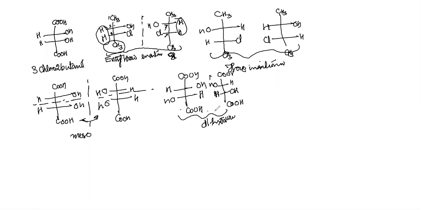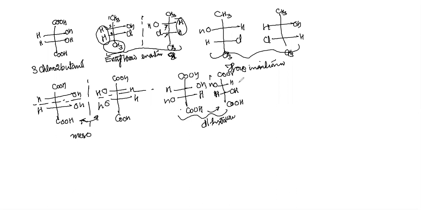These two are two different compounds. These two are the same compound. So diastereomers can be separated into individual D or L isomers. But a meso compound, being the same, cannot be further separated.